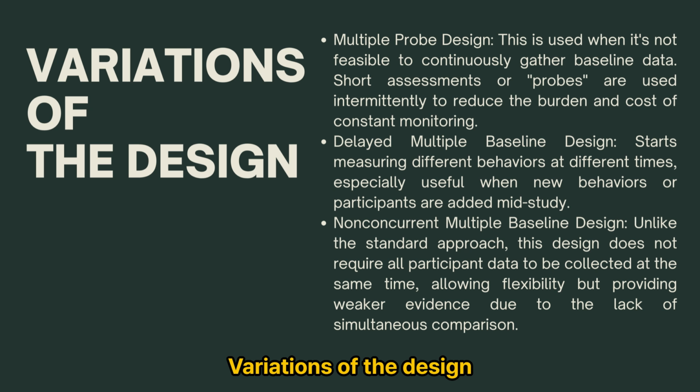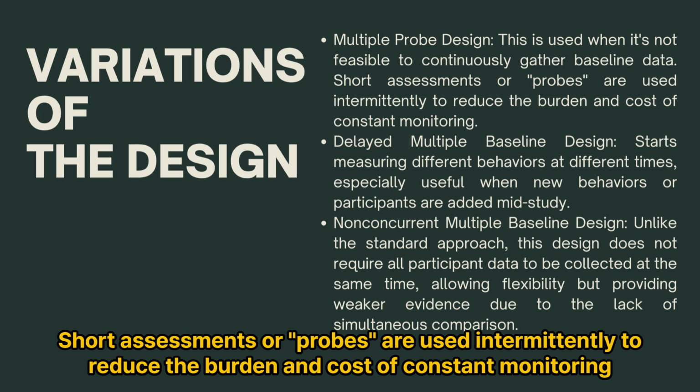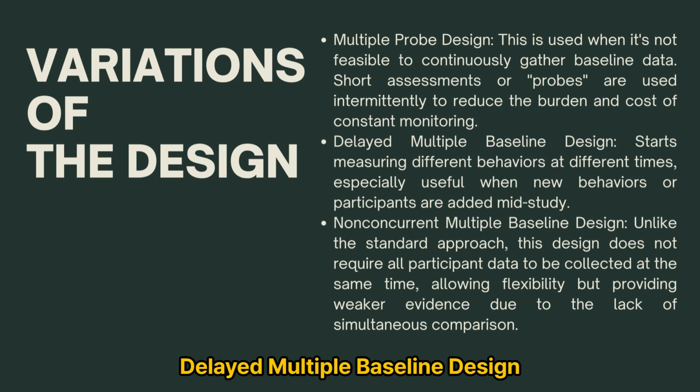Variations of the design. Multiple probe design. This is used when it's not feasible to continuously gather baseline data. Short assessments or probes are used intermittently to reduce the burden and cost of constant monitoring. Delayed multiple baseline design.